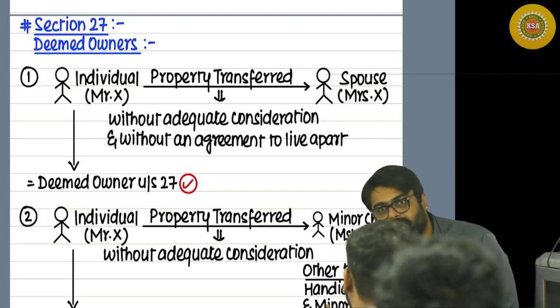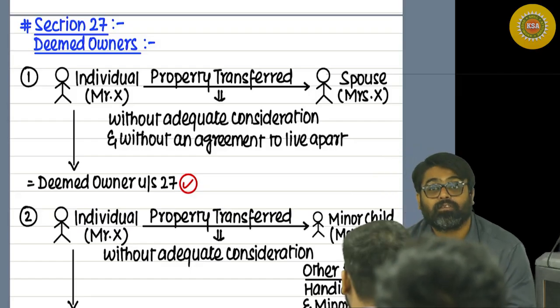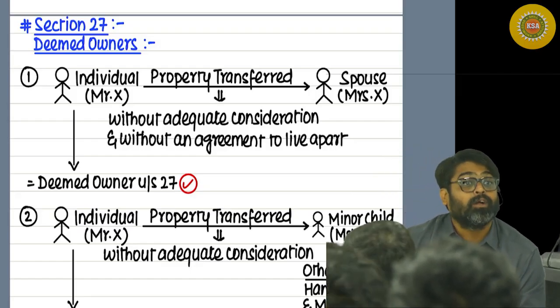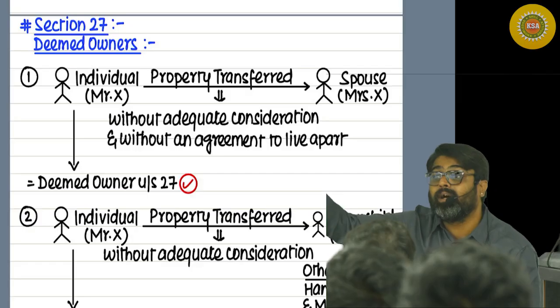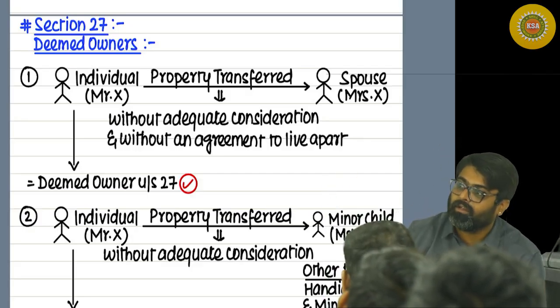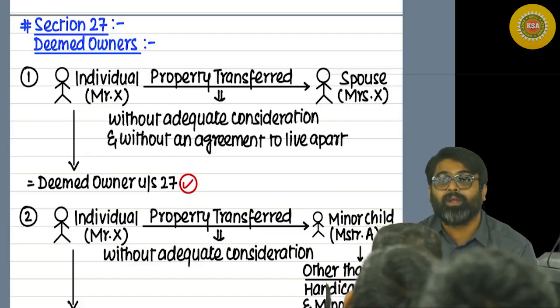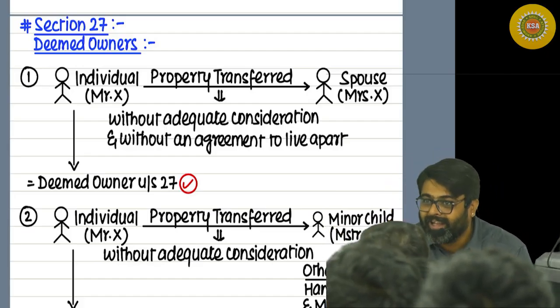Final amount of GAV. Out of that you are supposed to reduce municipal taxes, which you must have paid to a local authority situated outside India. Will you get any deduction for that municipal tax? The answer is yes, because you are calculating the income assuming as if the property is situated in India.